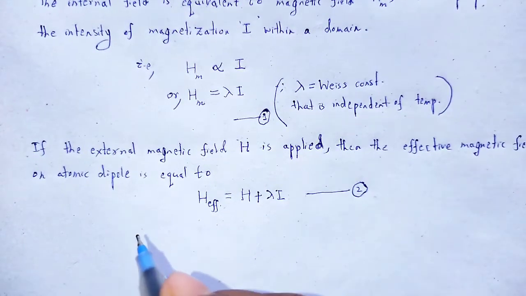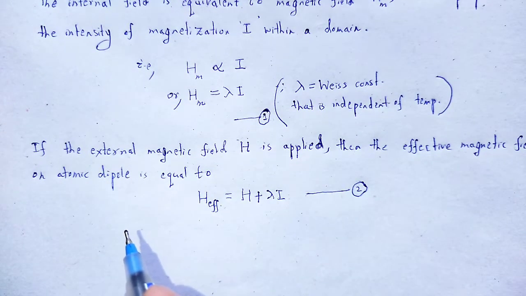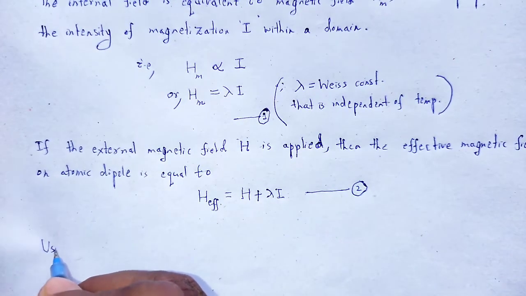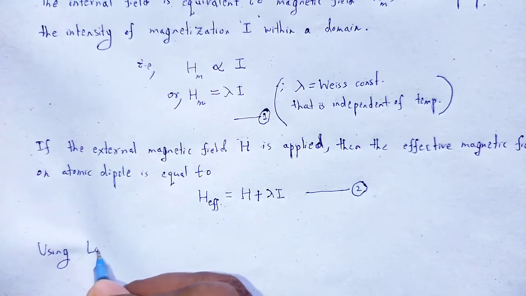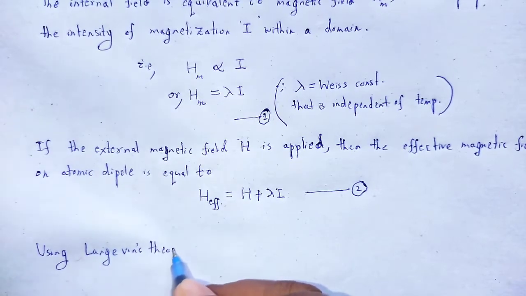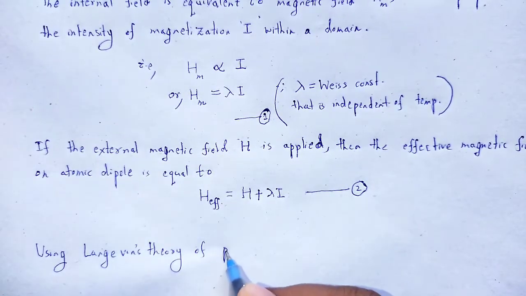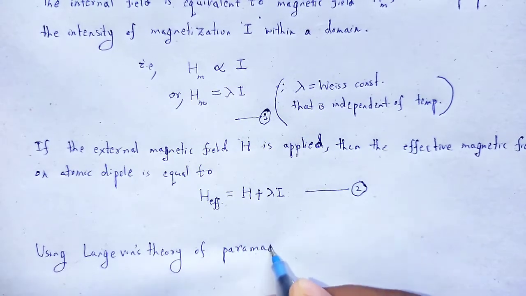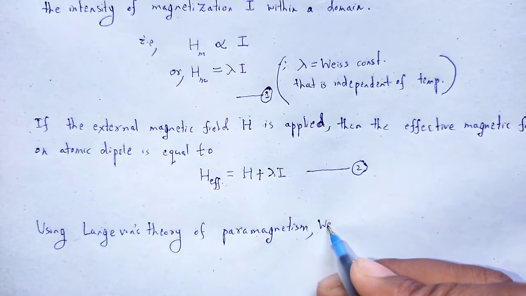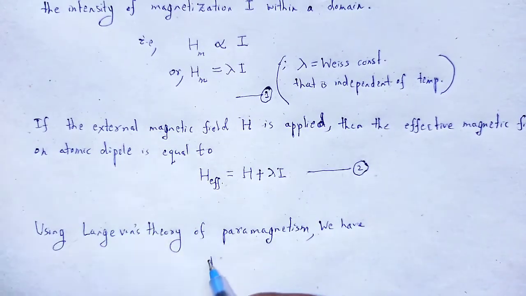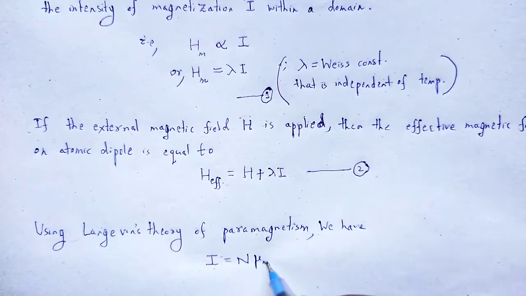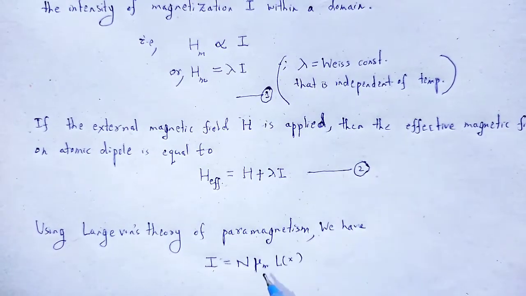We know from Langevin's theory of paramagnetism, here we are using Langevin theory of paramagnetism, that the intensity of magnetization I is equal to N mu m L of x.